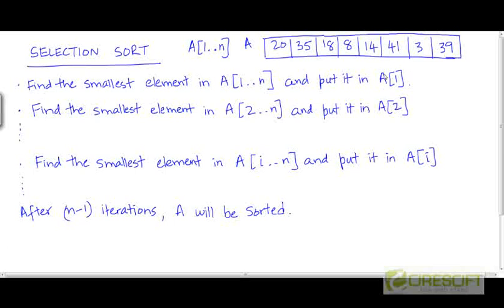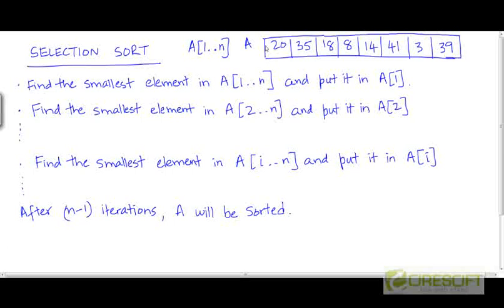So again, as we did in insertion sort, we are going to use the input array itself, and we're not going to use any extra space over and above the input array. We're going to create the output within the input array itself. So we're going to sort in place.